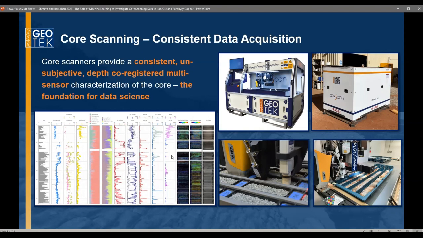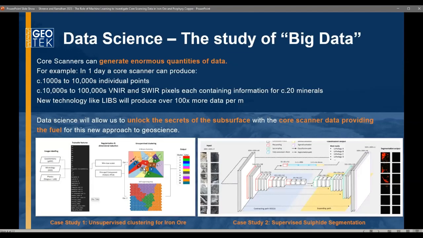We do need the form of data science to understand these data sets, because core scanners produce enormous quantities of data. To give you an example, in one day, we can produce thousands to tens of thousands of individual points. We can produce tens of thousands to hundreds of thousands of pixels of information across 20 or more minerals. And when we talk about the new technology that Geotek is working on here, like LIBS, there's over 100 times more data per meter. This really is big data, and the study of big data is data science.